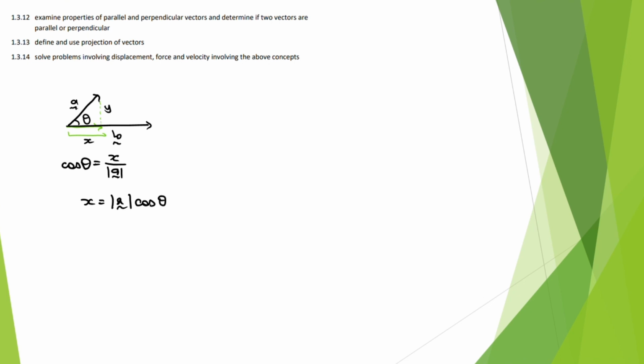All right? So let's rewrite that. The magnitude of A cos theta. So the projection of A onto B, the scalar projection, is going to be A cos theta. All right, so this is the scalar projection.